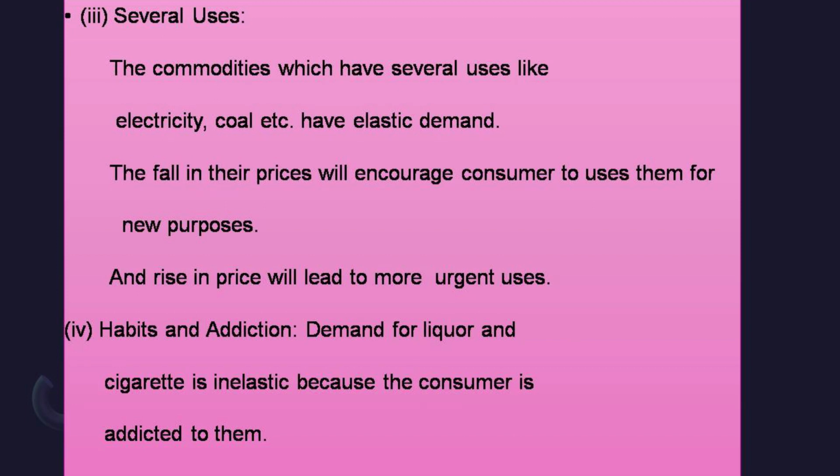And if the price rises from 50 to 60 per unit, then any rise in price will lead us to use it in a more urgent manner. If the price of electricity goes high, we use it majorly on an urgent basis. But if the price of electricity goes down, we'll definitely try to use it for some new purposes as well. So if the commodity has several uses, then it will have elastic demand.